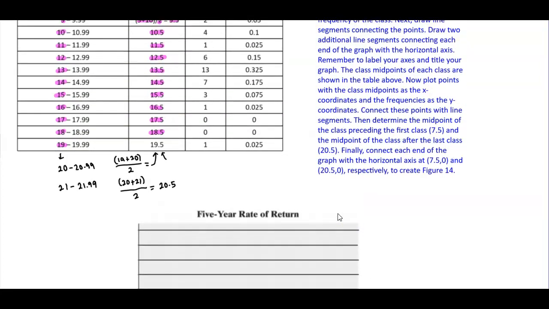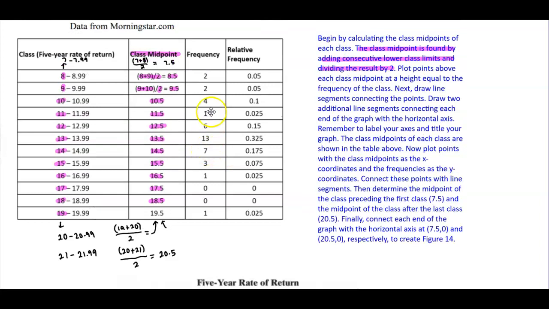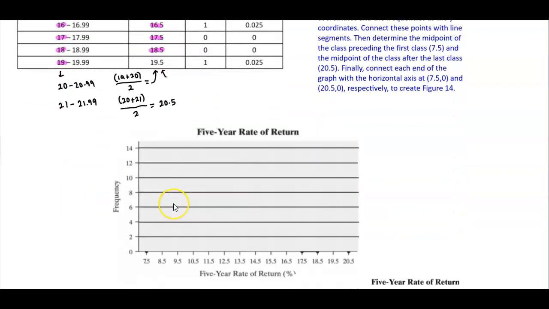Now we also need to look at our vertical axis. Our vertical axis is the frequency, which goes from 0 to 14. Then we're going to plot our points according to our midpoints.